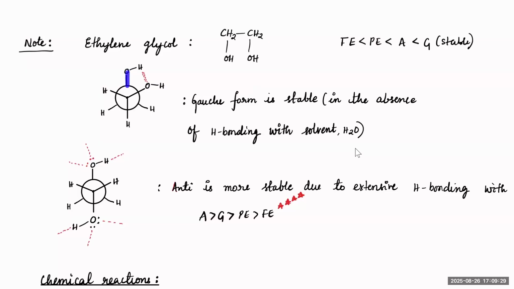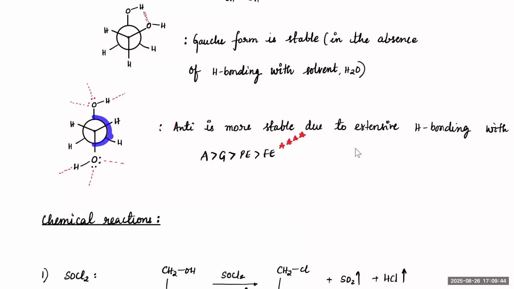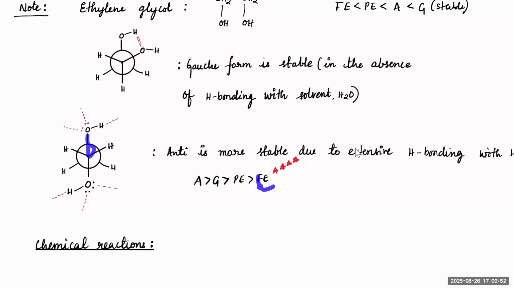If there is a 60 degrees angle which is made between OH and OH groups here in 3 dimension, that particular form of conformation is called gauche form. If the angle is 180 degrees between OH and OH, it is called anti form, correct? If the angle is at 0 degrees, it is called fully eclipsed.